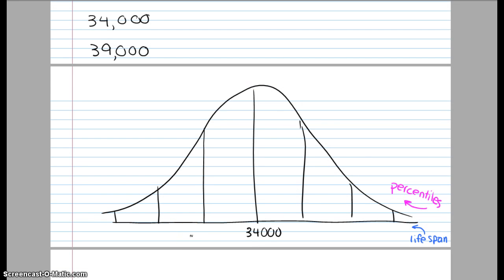I subtract 2,500, that puts me down to 31,500, 29,000, 26,500. Now we start adding 2,500 to the mean. We get 36,500, 39,000, 41,500. Let's put in our percentiles that we figured out.